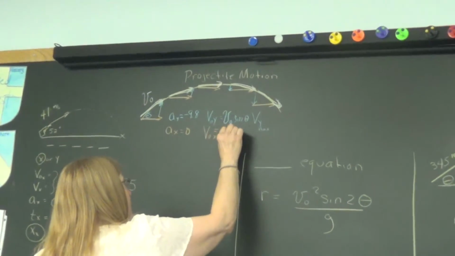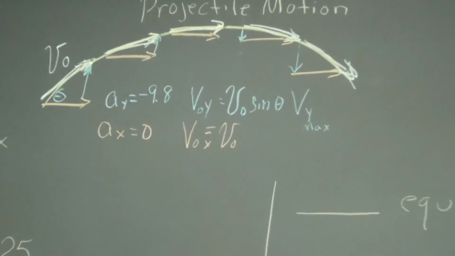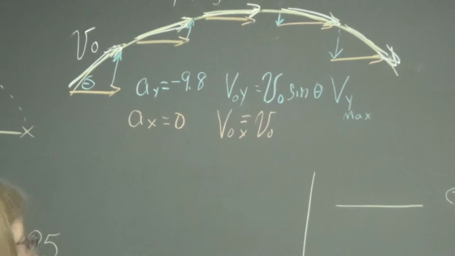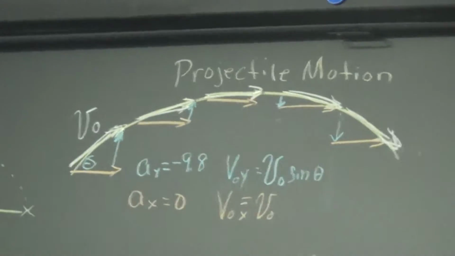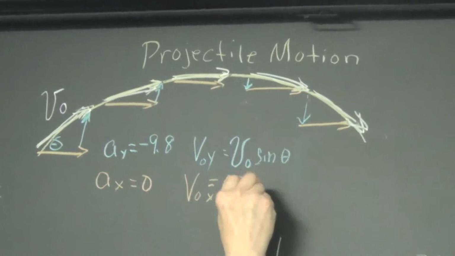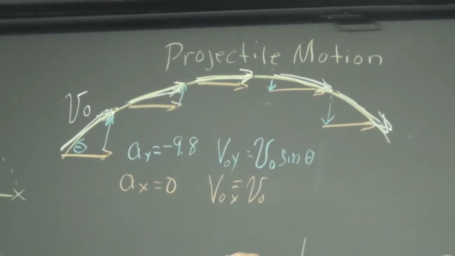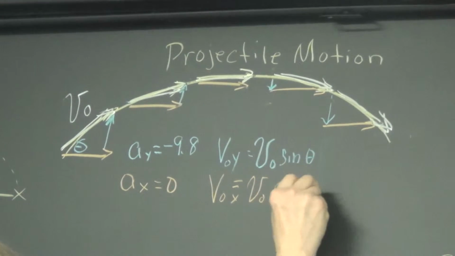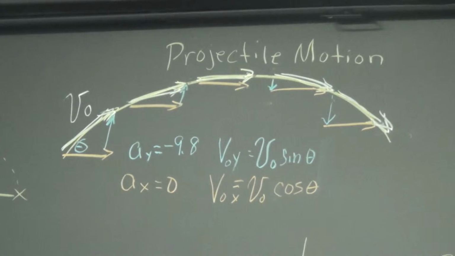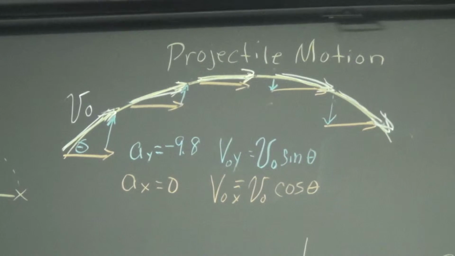Here, let me zoom in. In the X direction, you just multiply the velocity by the sine of the angle. Sorry, I mean the cosine of the angle. In the X direction, it's cosine, and the Y direction is sine.